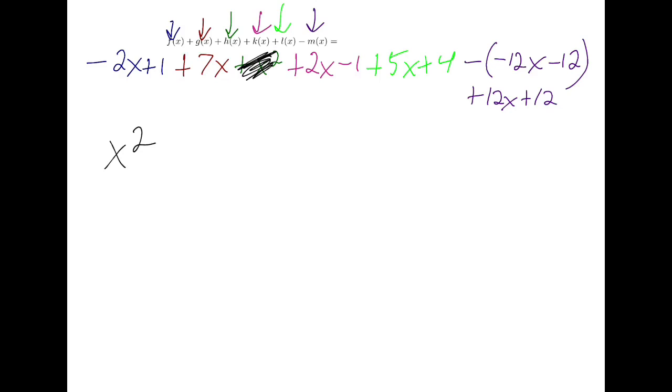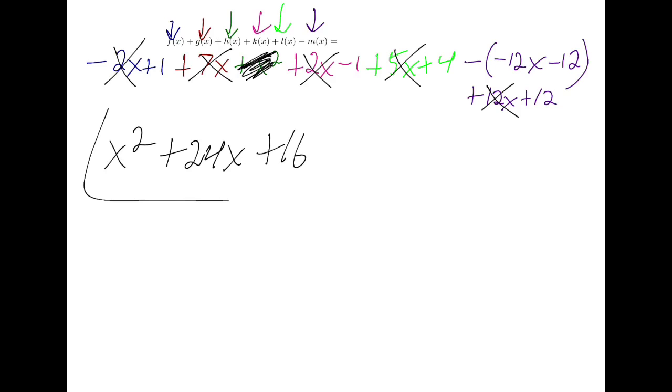I only look at the coefficients, so I have negative 2 plus 7 is 5, plus 2 is 7, plus 5 is 12, plus 12 is 24, so plus 24x. I'm done with all of those terms. Now the constants, positive 1 minus 1 is 0, plus 4 is 4, plus 12 is 16. And that's my final answer.